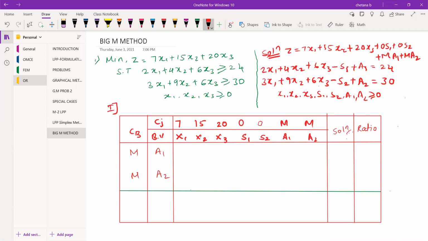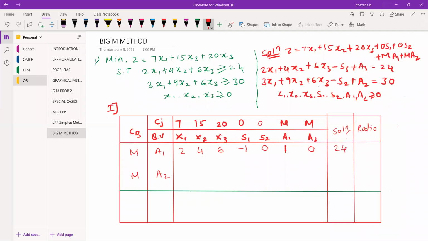Now coming to the A's and in the solution part the B's. For the first constraint, it is 2, 4, 6. S1 is -1. S2 we don't have, 0. A1 is 1 because we have taken M, the coefficient of that M is 1, and A2 we don't have, 0. Solution is 24.